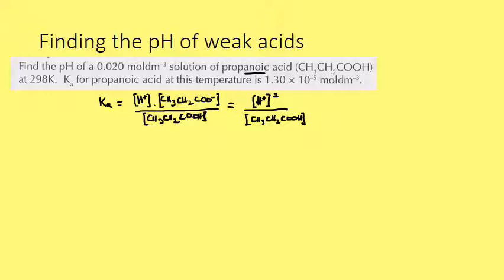Like that. Okay. Now, what we're going to do is rearrange this, because really what we want is the concentration of hydrogen ions. So let's rearrange that to give hydrogen ion concentration on the left. Alright, let's do it in two steps.